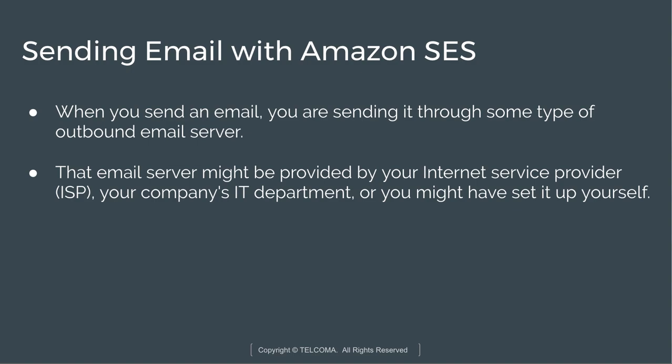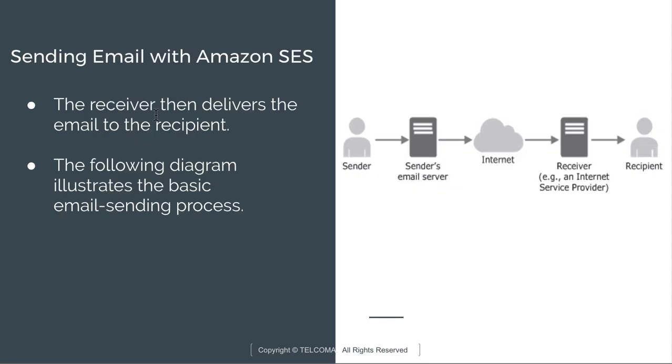The email server accepts email content, formats it to comply with email standards, and sends the email over the internet. The email may pass through other servers until it eventually reaches a receiver. A receiver then delivers the email to the recipient.